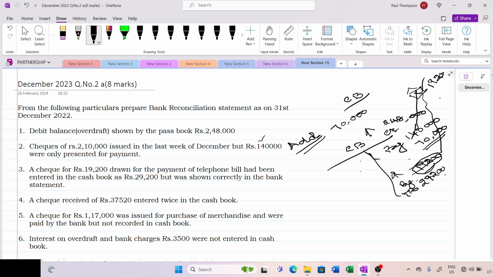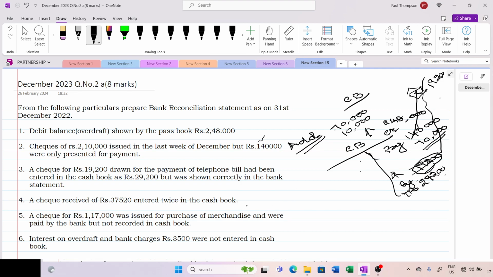So my overdraft has gone up by 10,000 as per my book. So I have to write it in the add column. You can write it as error made in the cash book on the payment side by writing an excess of 10,000 rupees.